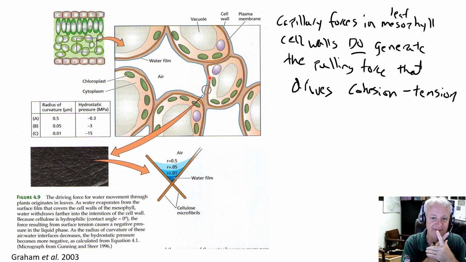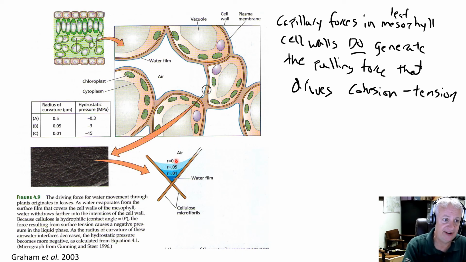You can think of this as a little container, almost like a little tube where water is. So when water evaporates from a mesophyll cell into the intercellular space, it's basically evaporating from the cell wall in between those cellulose microfibrils.